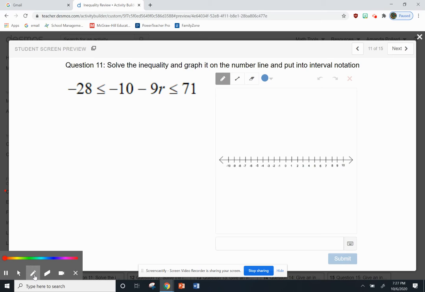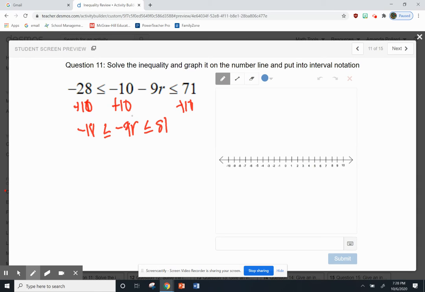Same type of problems we've been doing. So I'll add 10, and that's a 10. I get negative 18 is less than or equal to negative 9r is less than or equal to 81. Divide by negative 9, so it flips.